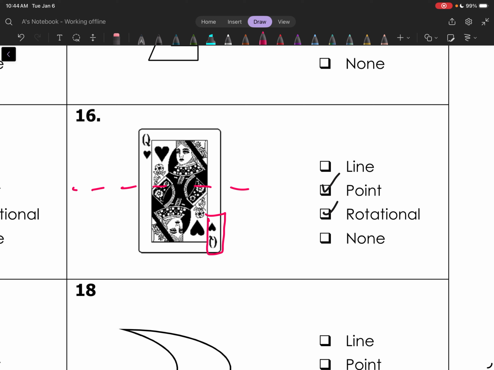This Queen of Hearts in the bottom right, if I flipped it to the top, it'd be here, which does not line up with the one on this side. These are not symmetric. So the details on this card disqualify it from having line symmetry.